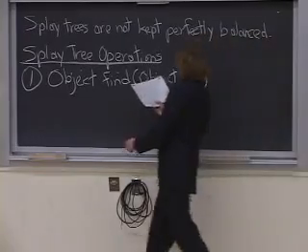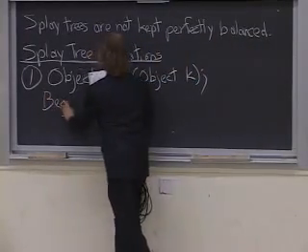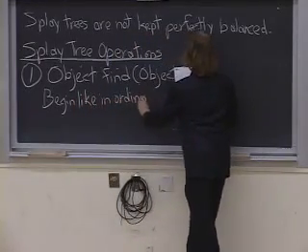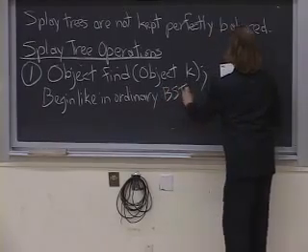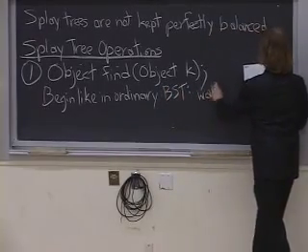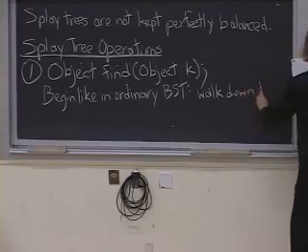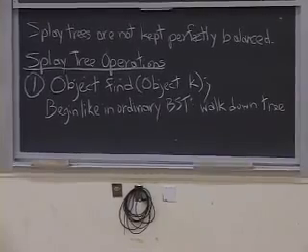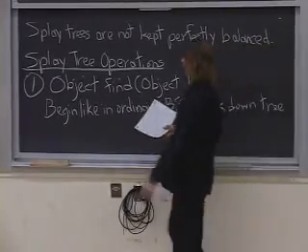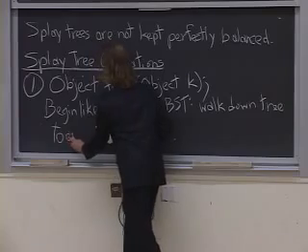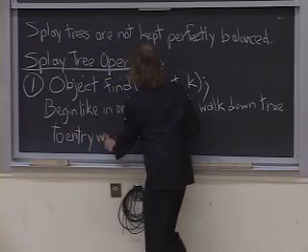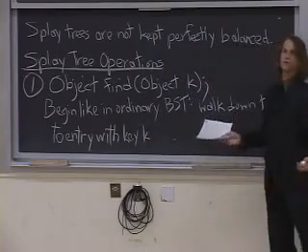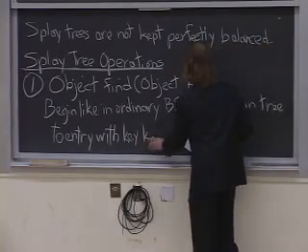So we begin by finding the item. In other words, we walk down the tree, using the search key to decide whether to go left or right at each node as we walk down the tree, until we get to an entry with the key that we're looking for. Or sometimes we reach a dead end because the key k is not in the search tree.